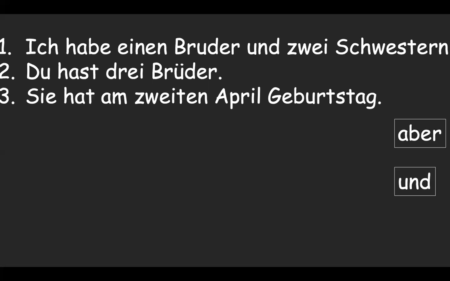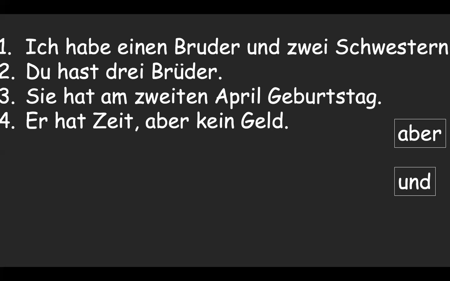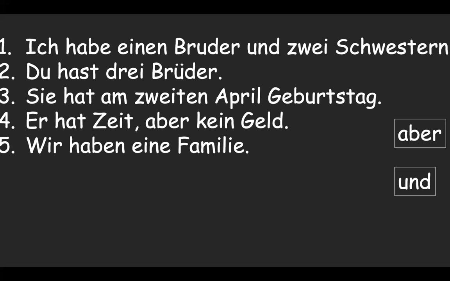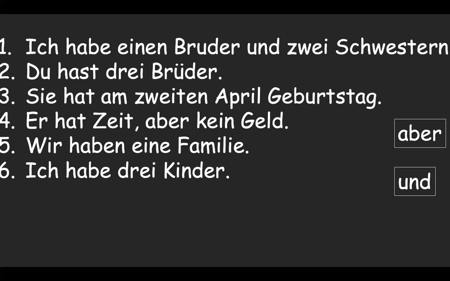Nummer 4. Hat Zeit, aber kein Geld. He has time, but no money. Kein in front of a noun or keine means no. Nummer 5. Wir haben eine Familie. We have a family.